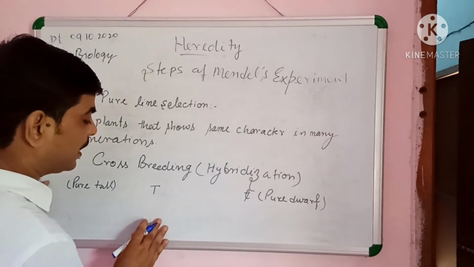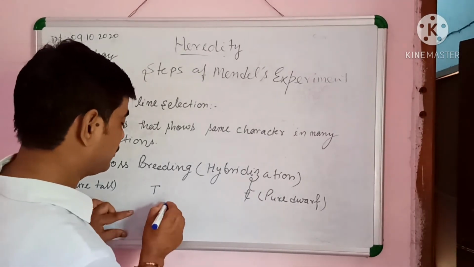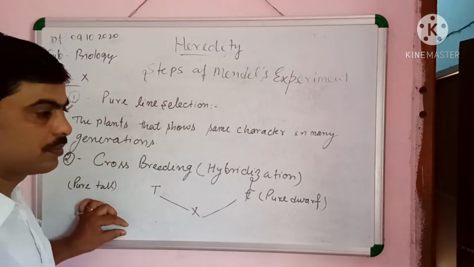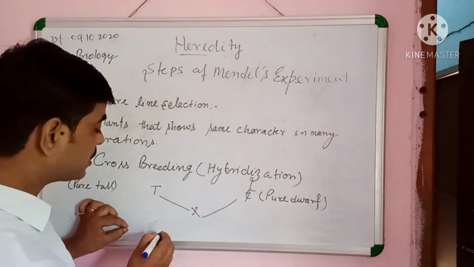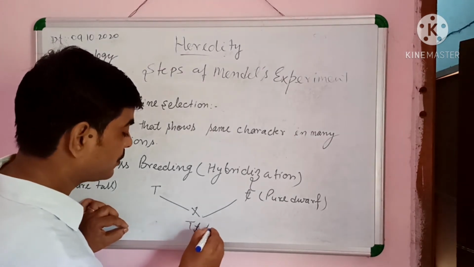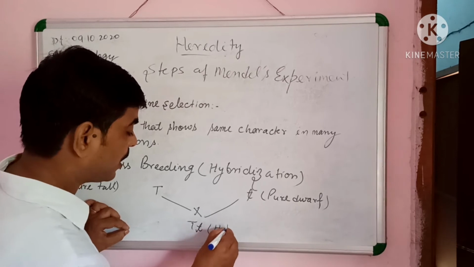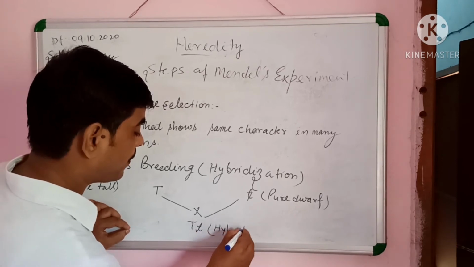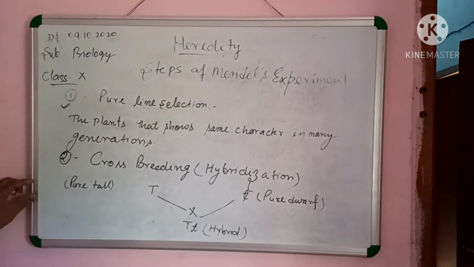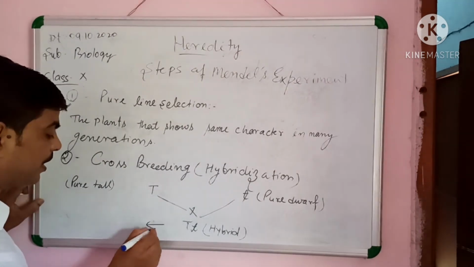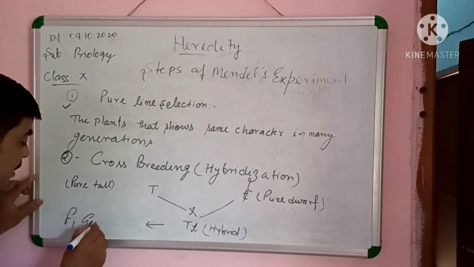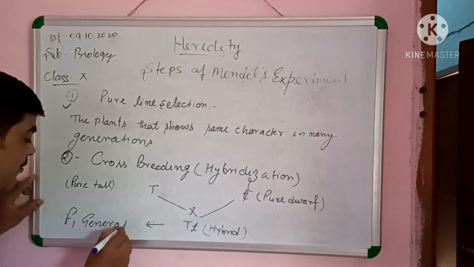Then they are allowed to cross breed, that is, it will produce the hybrid, and this process is known as hybridization, and this hybrid is the result of F1 generation.